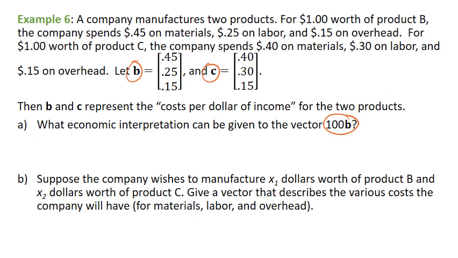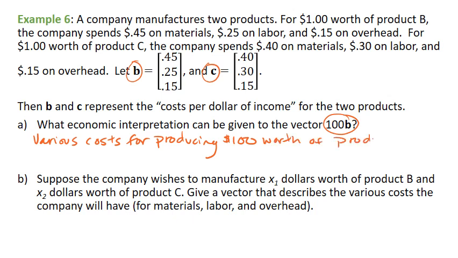And basically, 100B represents the various costs for producing $100 worth of product B. And hopefully you came up with that on your own. So we can elaborate a little bit more and say that 100B is equal to 100 times this matrix.